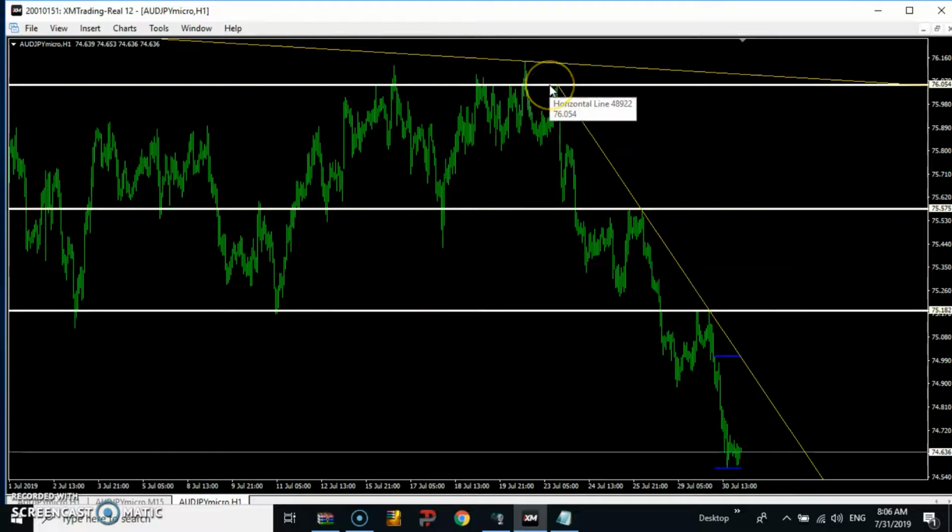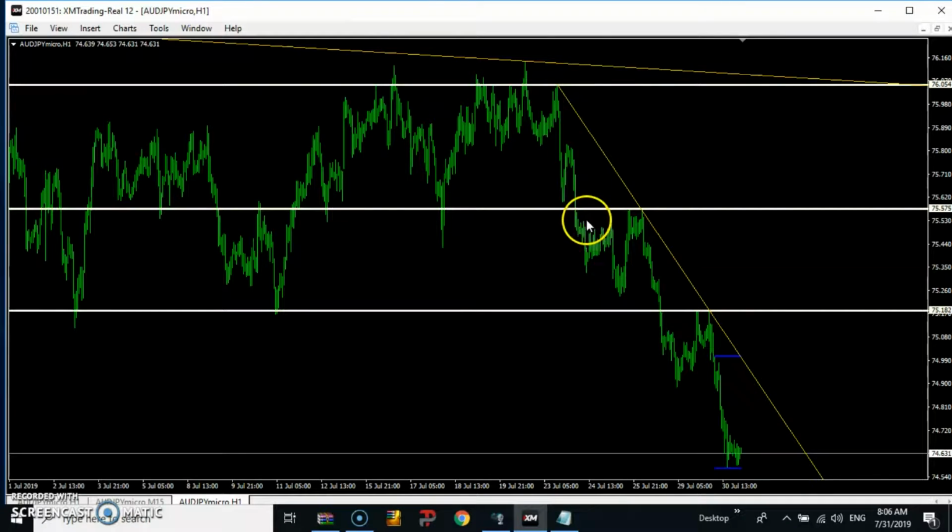Now look, what will price do? Before this line was drawn here, we knew that price will break this trend line and come back to retest.